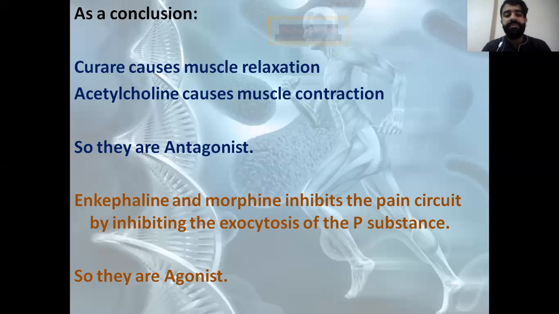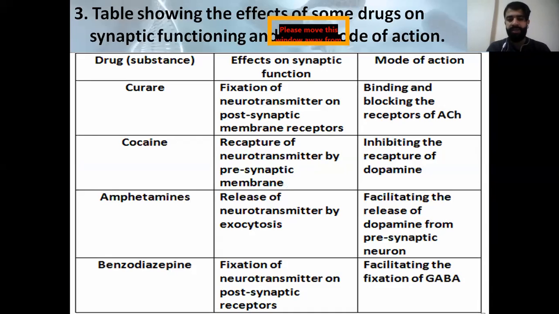You have to know them. So these are agonists. They inhibit the exocytosis of the P substance either totally or partially. Morphine has total inhibition of the exocytosis, and we talked about this in the pain circuit in the introduction to the nervous system. Also, you have to know about this table.